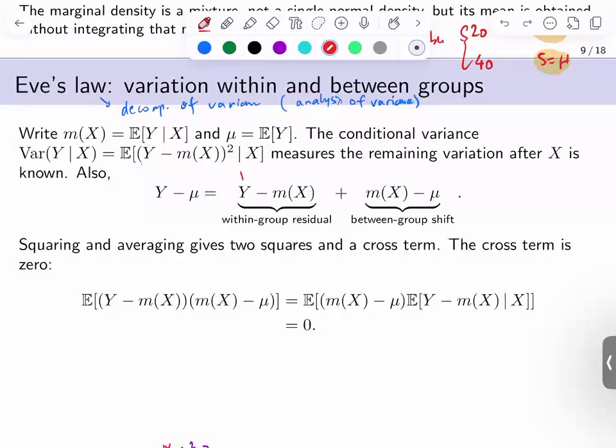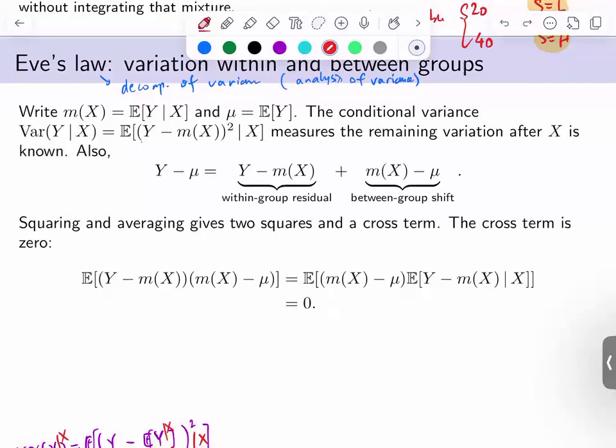So think of this as within group. This is saying within group x, how far, well, actually for now it's not within group, at this point it's just a random variable. But once we take the expectation, it would be within group. So let's have this decomposition.